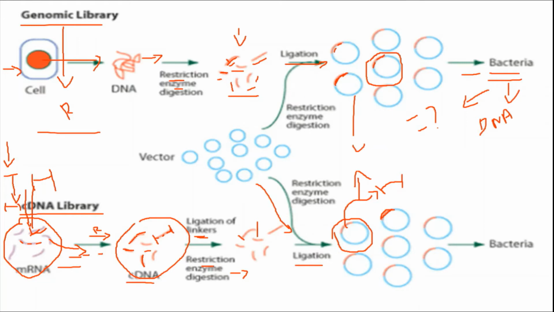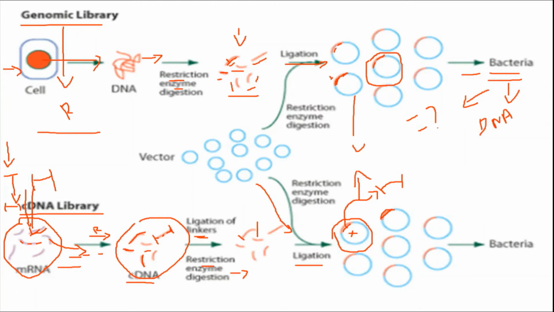The first difference is that only functional genes are there in the cDNA library, and it contains no introns. The genomic library contains functional genes, introns are also present, and non-functional genes are also present.